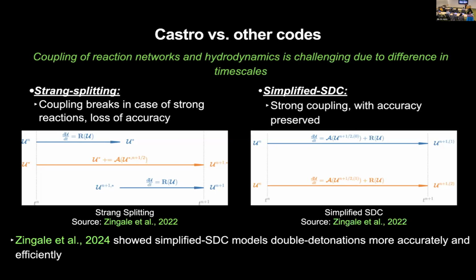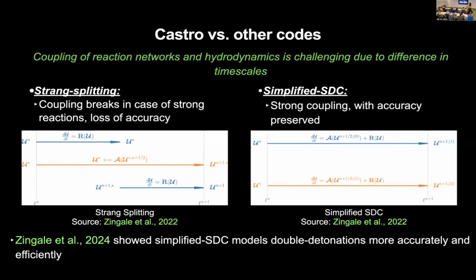Now, of course, this makes our integration easier, but this does not do well when temperatures are really high. And what happens is, in regions of stars where temperatures are super high, nuclear energy is released faster than hydrodynamics can respond. And so that basically leads to breaking of this coupling, and hence we lose numerical accuracy.